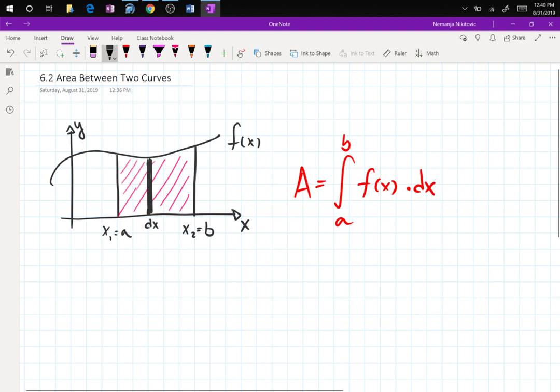So this representative rectangle has all of the features of a rectangle that you think. Look, it's touching the function f of x, so its height is f of x. If it's here, it's higher. If it's here, it's lower. If it's here, it's higher, right? So the top of this rectangle follows the function on top, which means that f of x will always produce the height of that rectangle. The dx is the width.